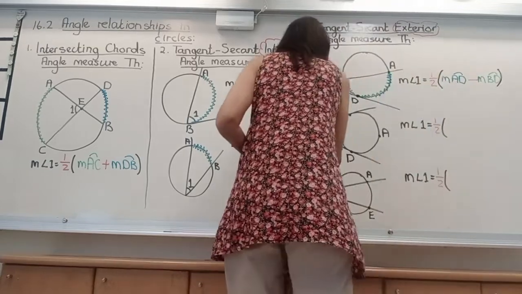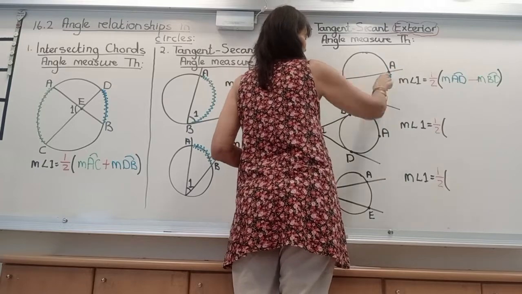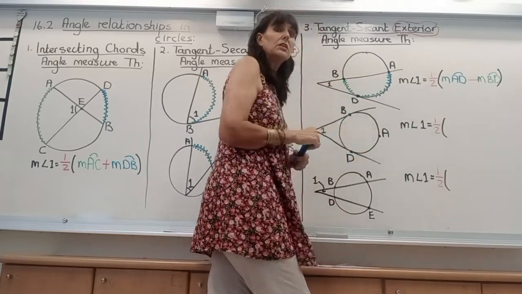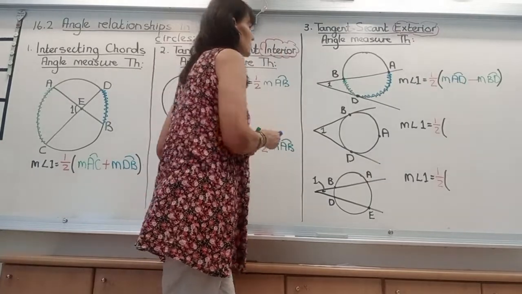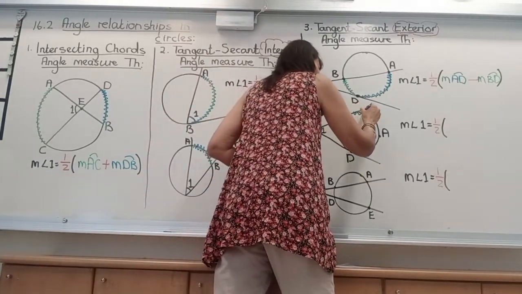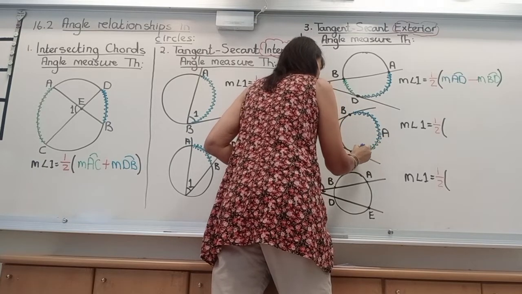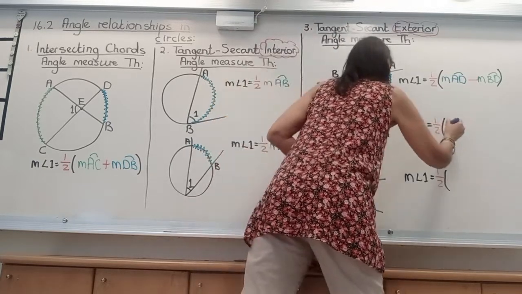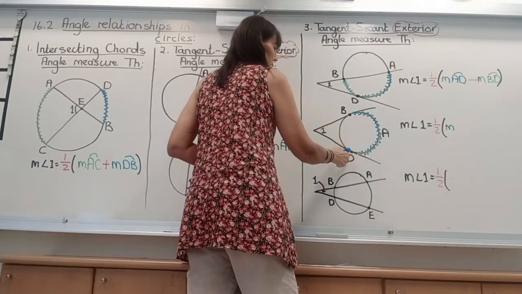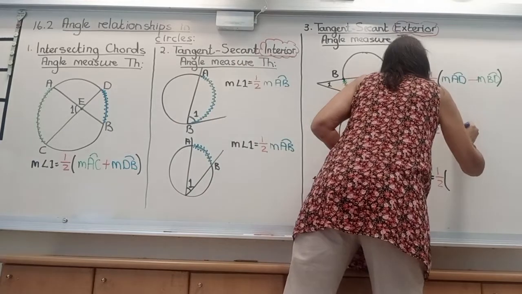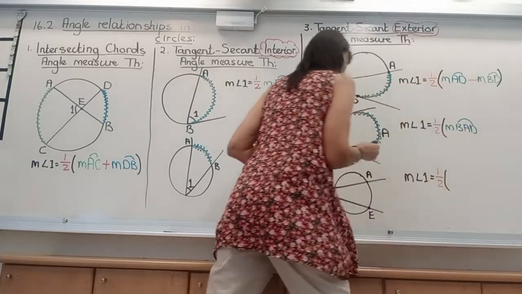Okay, in this case, here we had a tangent and a secant. Now two tangents, it's going to work exactly the same with two tangents. You're going to start with that outside arc that's not close to your angle, the measurement of arc BAD, indicating it's an arc.